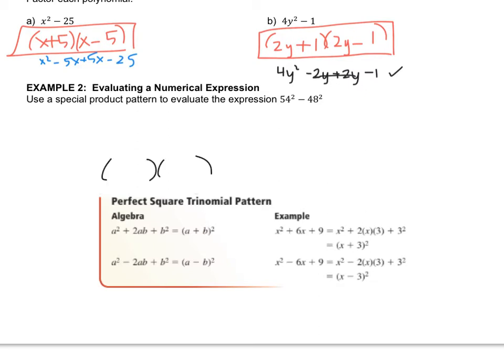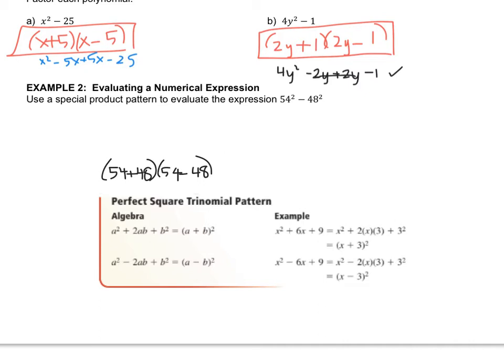You put the square root in the first spot. The square root of 54 squared is 54. The square root of 48 squared is 48. One binomial is plus, the other is minus.